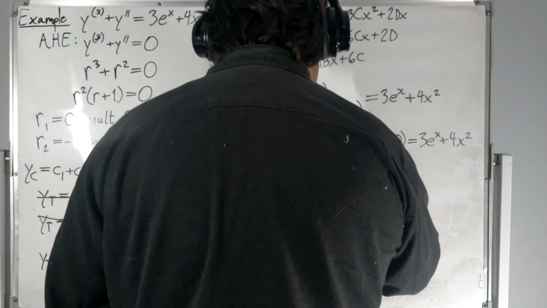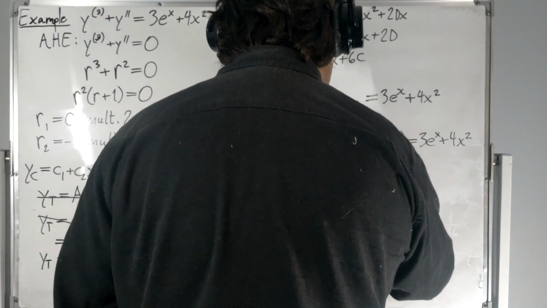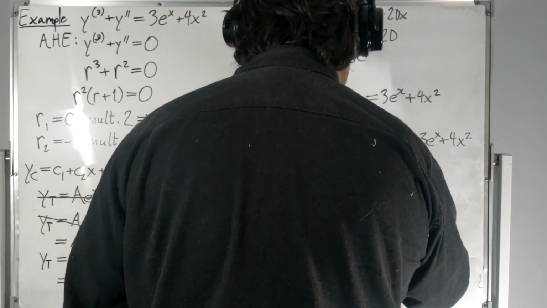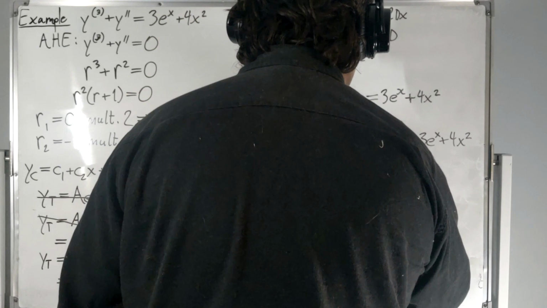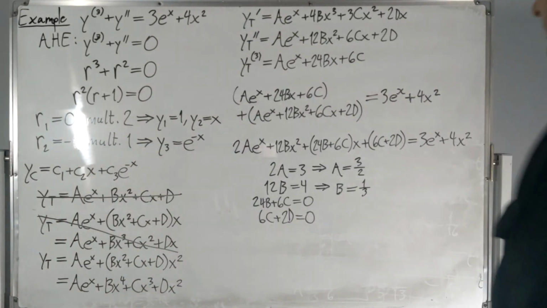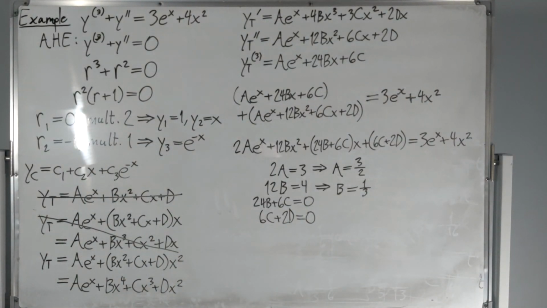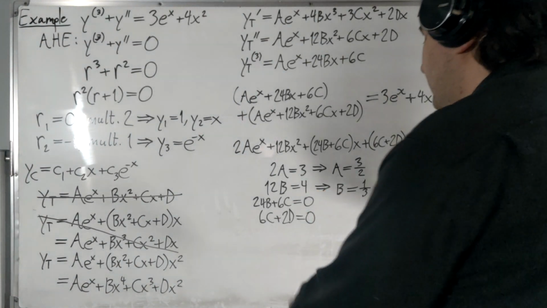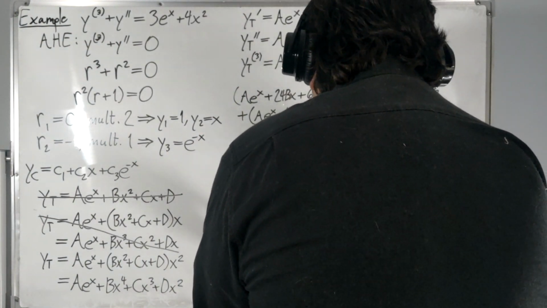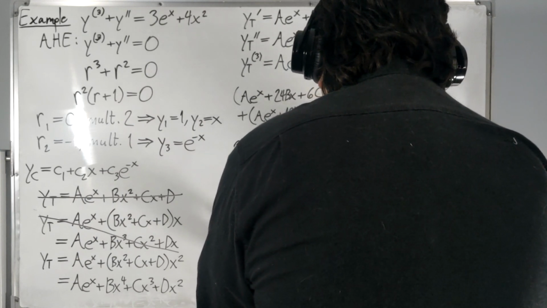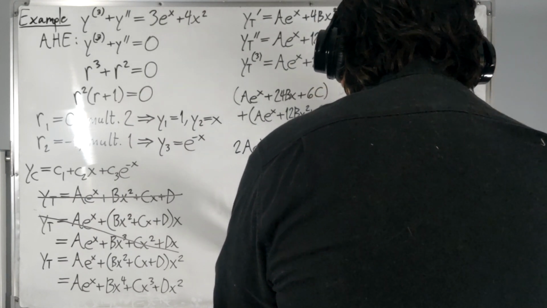So that makes it pretty clear that first of all, a is 3/2, that b is 1/3. Therefore, this third equation turns into 1/3 of 24 is 8, plus 6c equals 0.